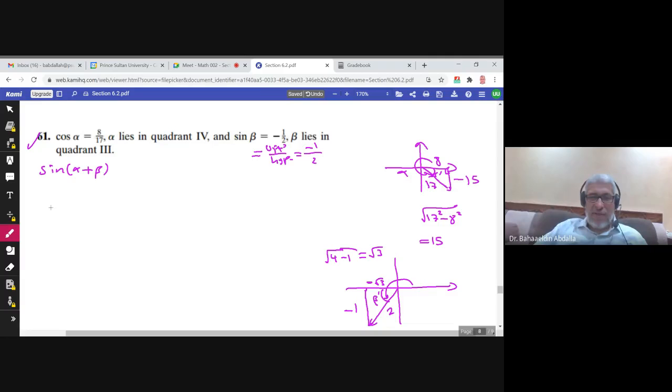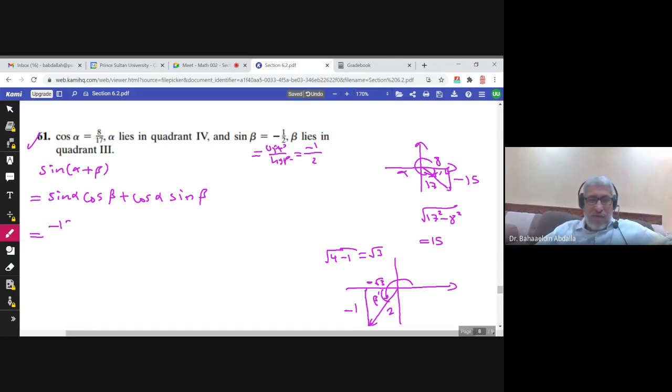So sine of alpha plus beta, by definition, is sine alpha cosine beta plus cosine alpha sine beta. It would be equal to, now, what is sine alpha? By definition, use the triangle: opposite over hypotenuse.